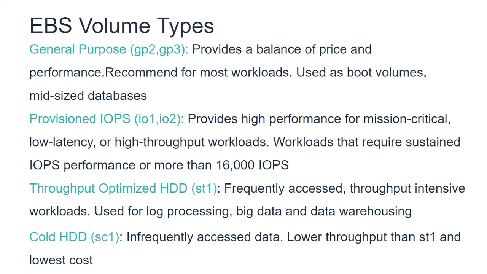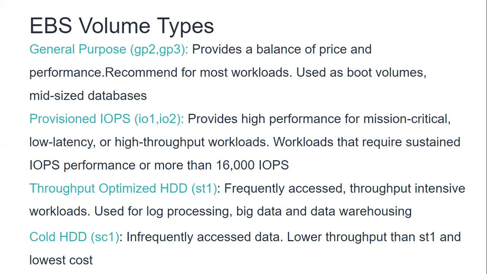So you're either reading data a lot or changing data frequently. That's when IOPS come in. But throughput is basically for storage. So you have huge files you want to store. That's where you use throughput optimized.